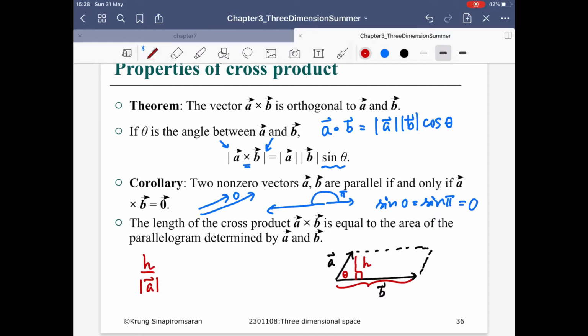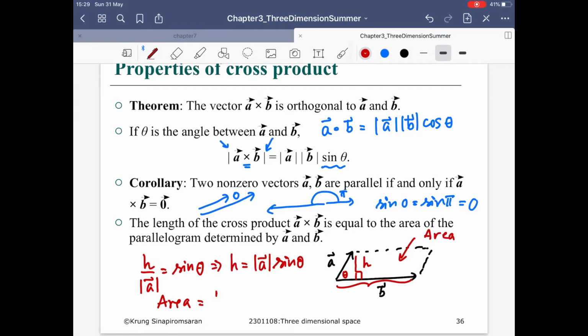What is it? The h now is the opposite of the angle theta, and A is the hypotenuse. So this one is actually the sine of the angle theta. It means that your h is the length of A sine theta. So to find the area, let's say that this is the area A of the parallelogram.